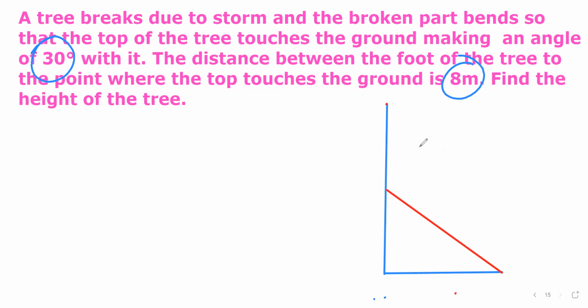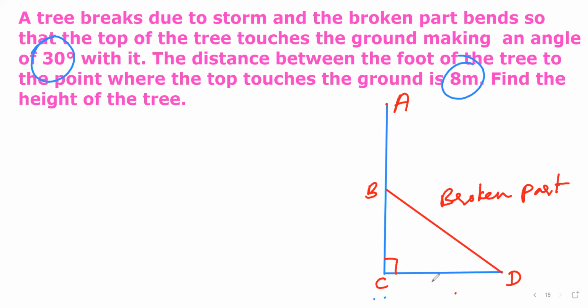So we'll call it as A, B, C, and D. Here is the 90 degree. This is the broken part. And AC is the tree.